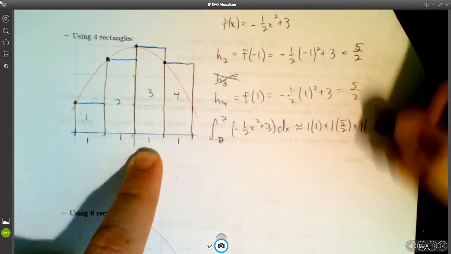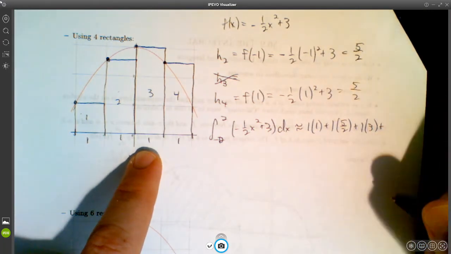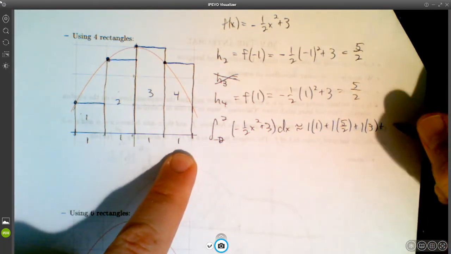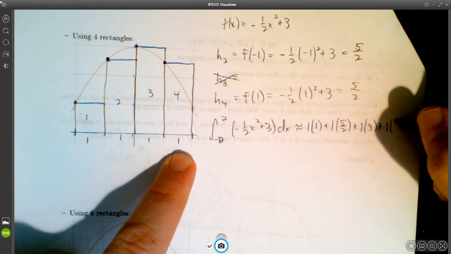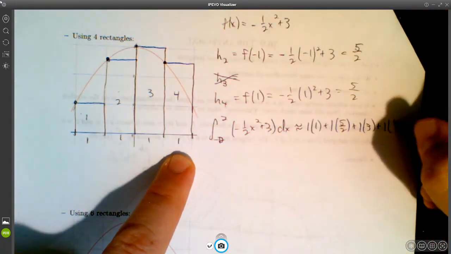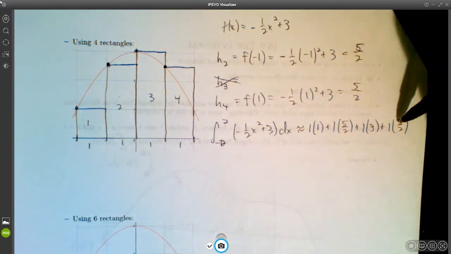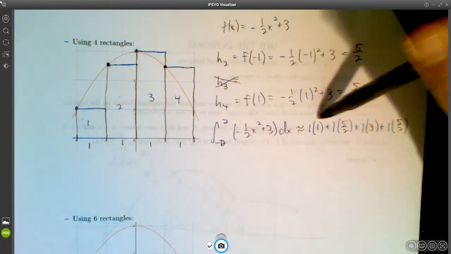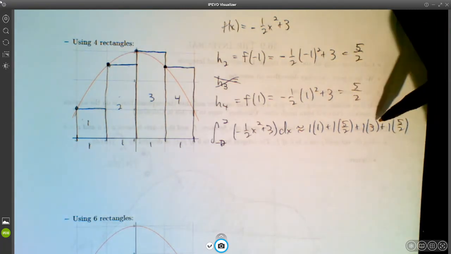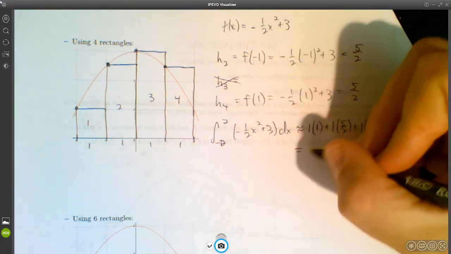The height is 3, plus, for rectangle 4, width times height. The height again is 5/2. Okay, so how much is that? So we get 5/2 plus 5/2 is 10/2, which is just 5. So we've got 5 plus 3 plus 1. So that's 5 plus 3 is 8, plus 1 is 9. So we get 9.